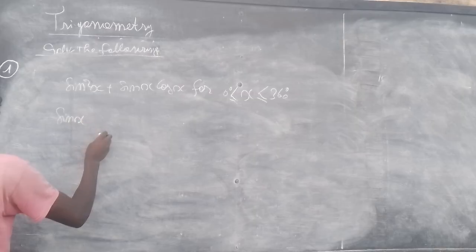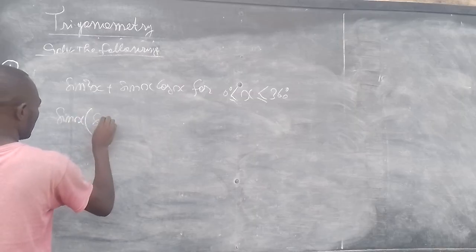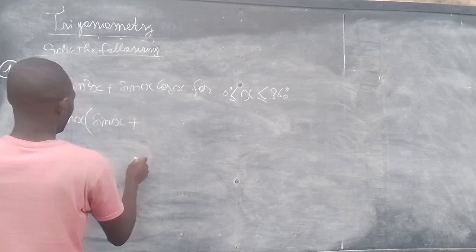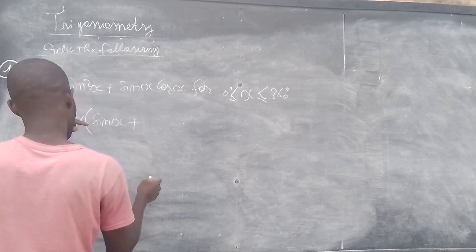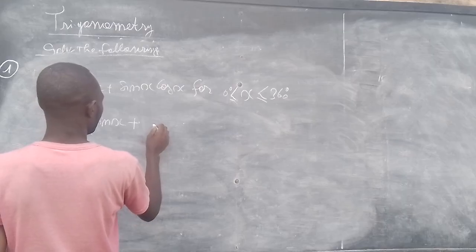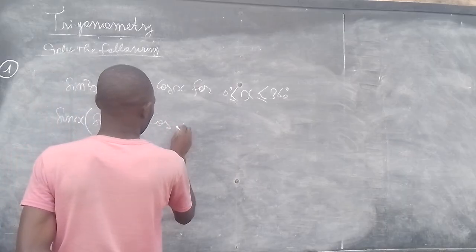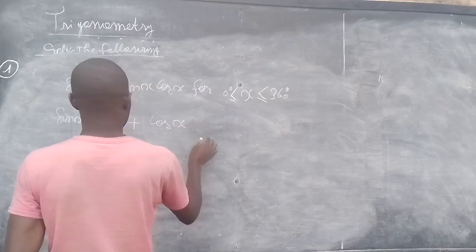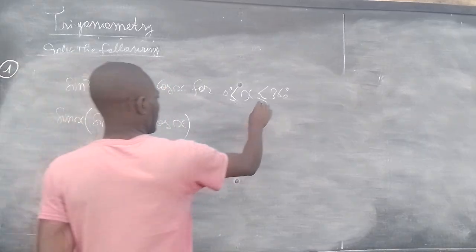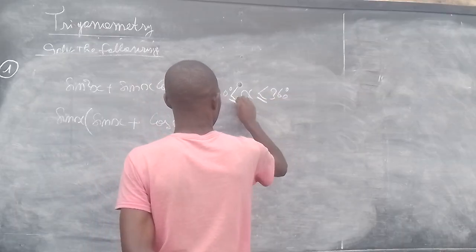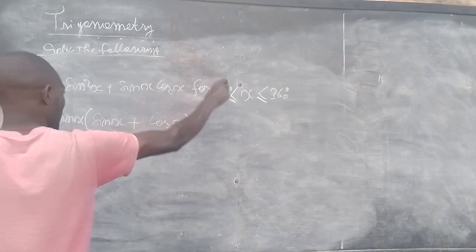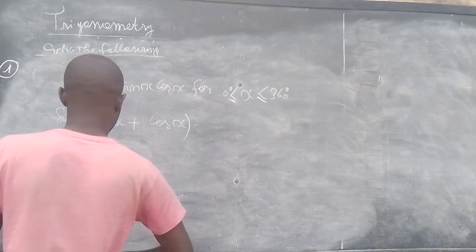sine x, positive cosine x. So you see how we are going to solve this question for x, which is between 0 and 360.